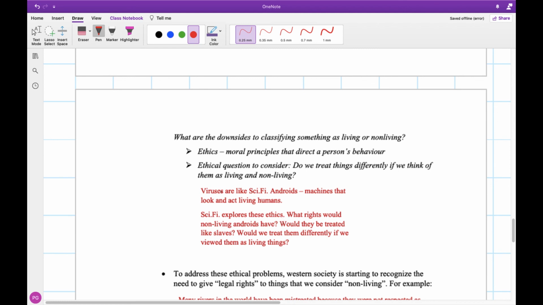Things like viruses in science fiction, or androids, machines that look and act like living humans. What sort of rights should they have if they're considered non-living? Do we need to expand what we define as non-living? Would they be treated as slaves? How do we deal with things that don't fit neatly into these two categories? And should we be treating things differently if they fall into different categories?